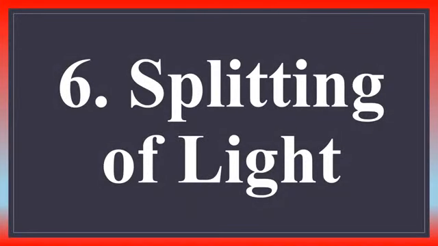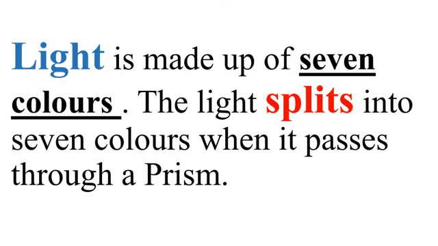In this final topic, we will be learning about the splitting of light. Light is made up of seven colors. The light splits or breaks up into seven colors when it passes through a prism.